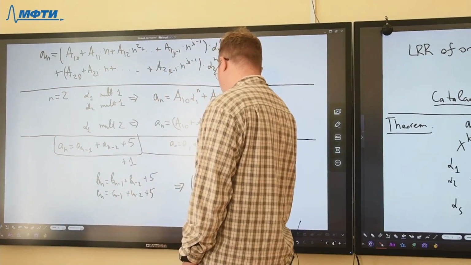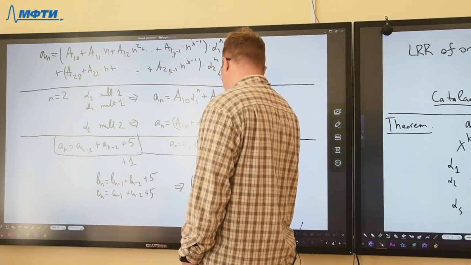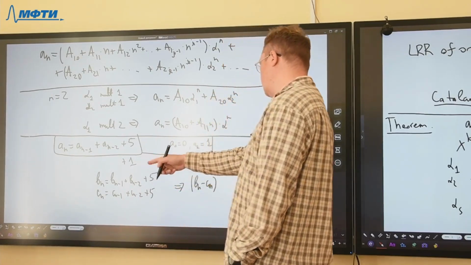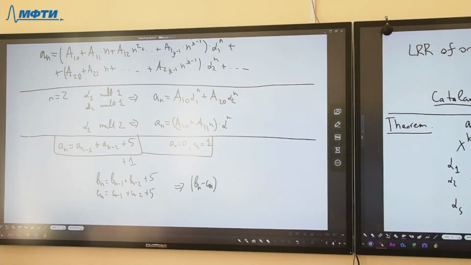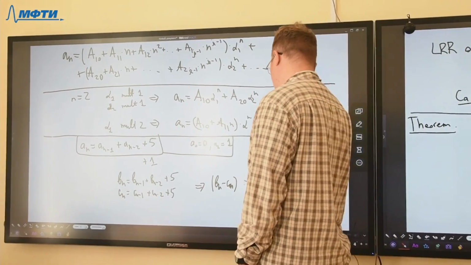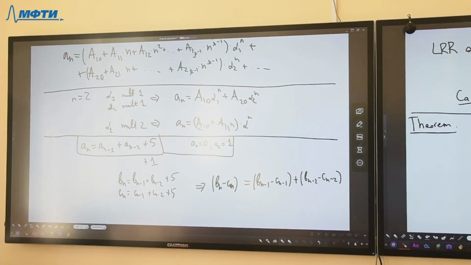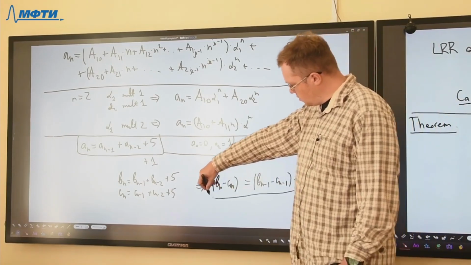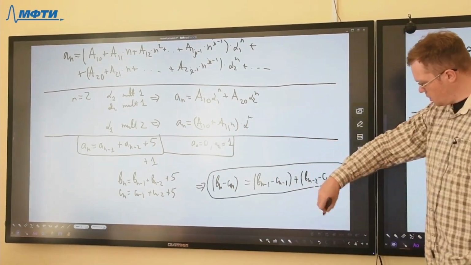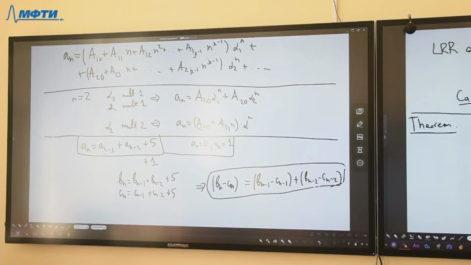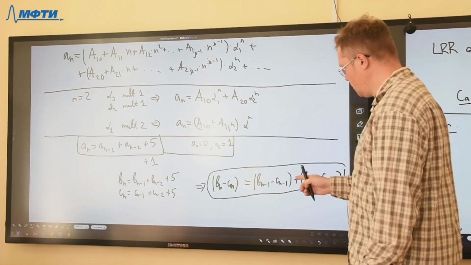Then if you subtract one from the other, then we can see that the difference between two solutions of this equation is just a solution of the homogeneous linear recurrence, and this we can find.